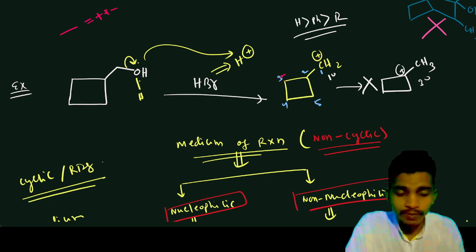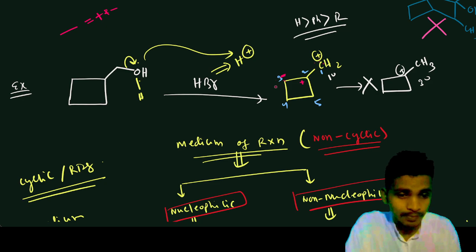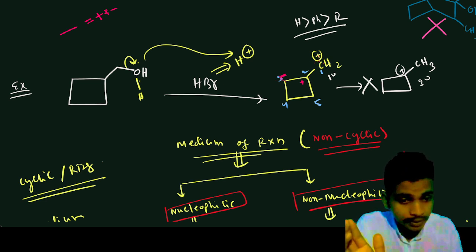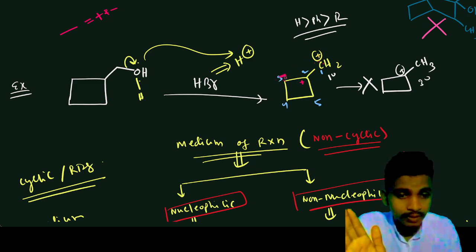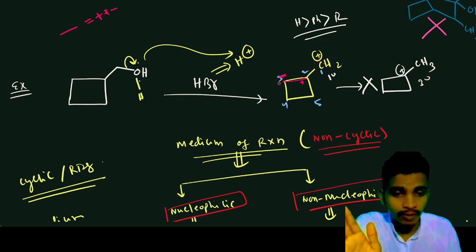So I make this one negative because I want to make this bond, and then this has to be positive. Now I'm looking at this bond. If it is negative, then this has to be positive, and that is why the bond is there. Now make this bond between 1 and 3.